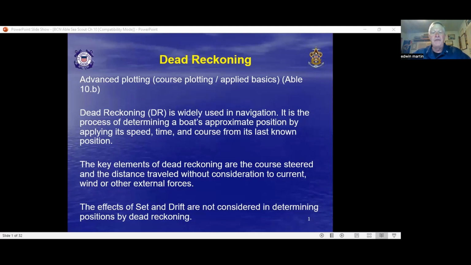The key elements for dead reckoning are the courses steered, the distance traveled, and the speed. And we don't consider any other factors in dead reckoning. Like I said, set and drift, those will be covered in another presentation.